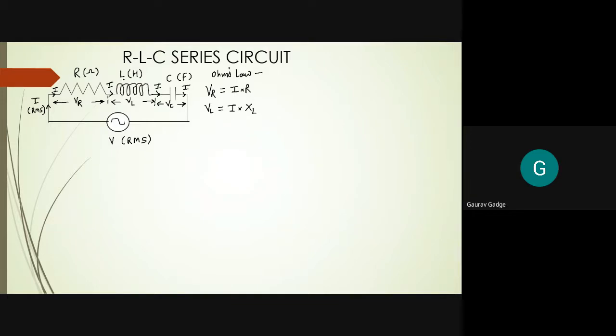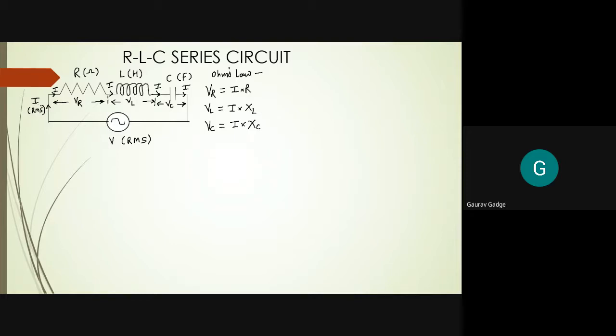The unit of inductor is Henry, but the ohmic element of that inductor is XL, which we already derived. The third voltage, across the capacitor, is I into XC, where XC is the ohmic element of the capacitor, whose unit is farad.